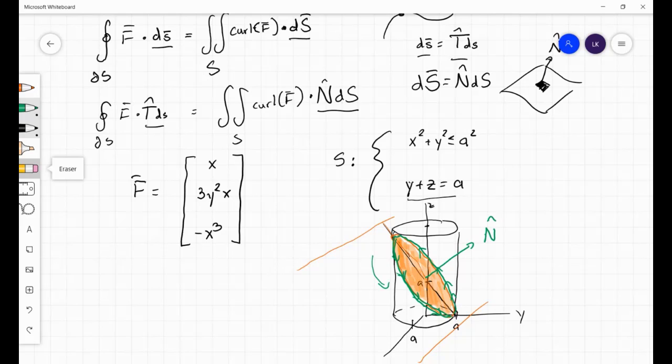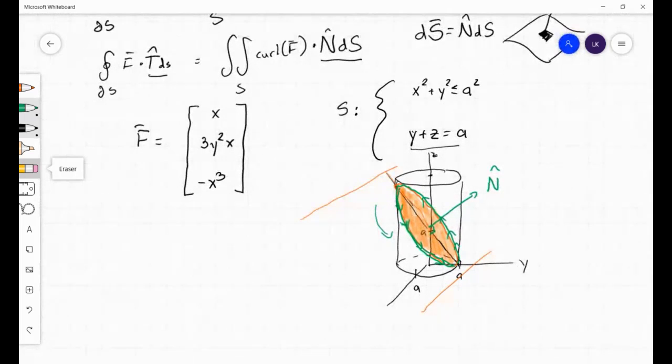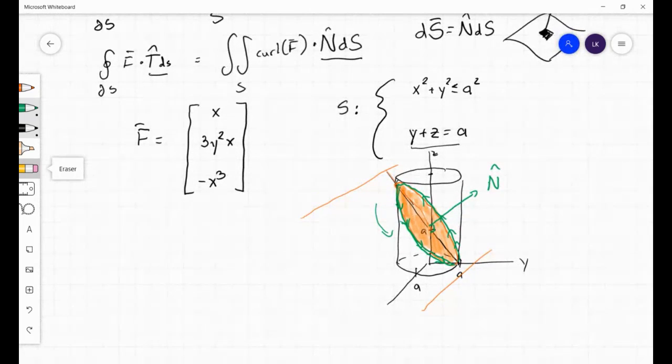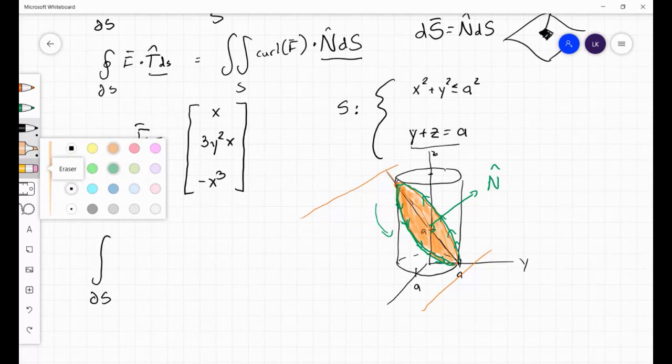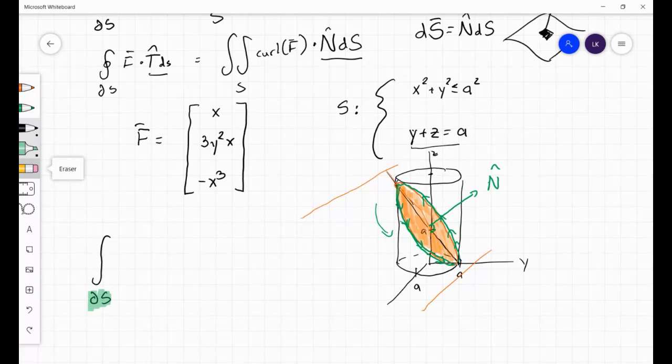So your unit normal has to have a positive z component in any case, and it looks like a positive y component as well. Now what we want to do is find the work integral over the boundary of that surface. That's the green boundary.